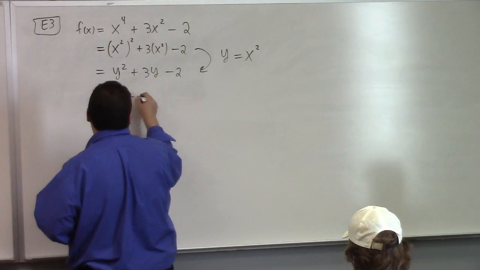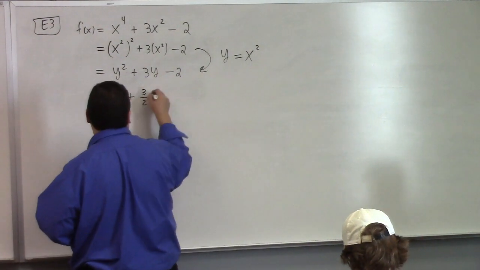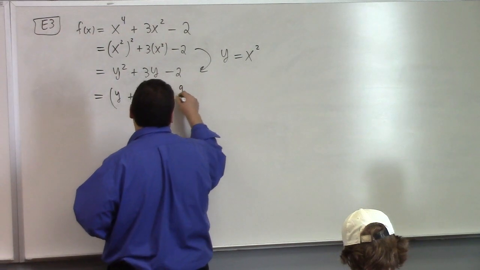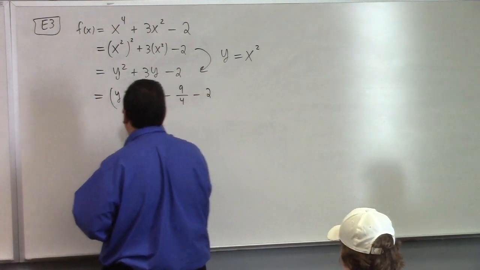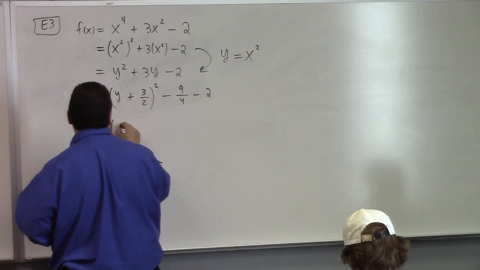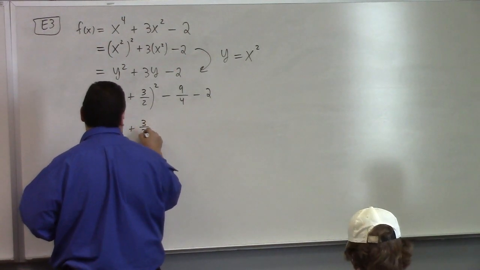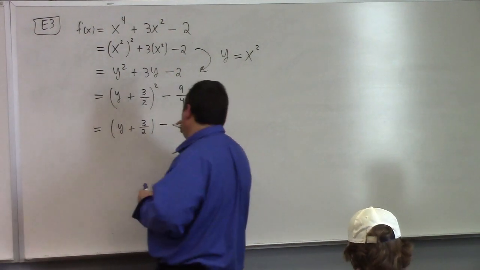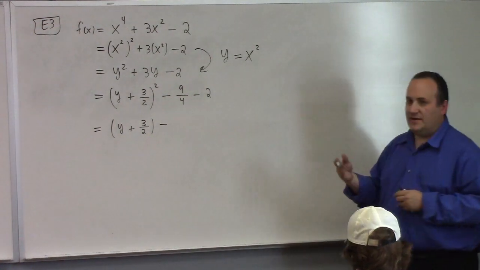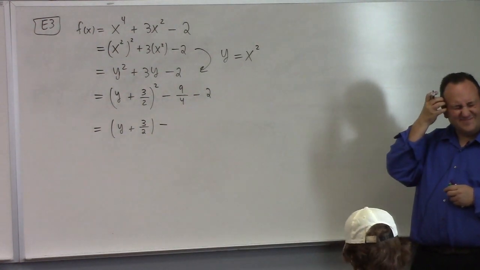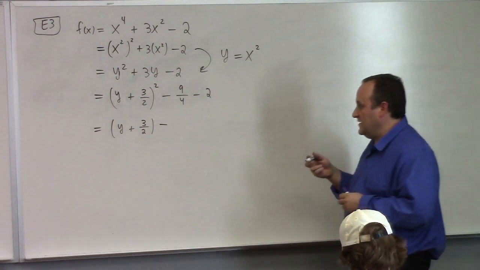So what do we do? Complete the square, right? So we do y plus 3 halves, quantity squared, minus 9/4 minus 2, which is y plus 3 halves squared minus, let's see, 9 minus 8, which is, I believe, minus 17/4.